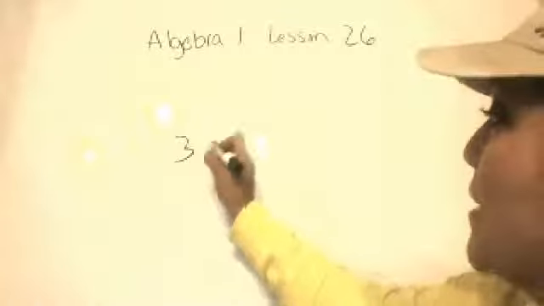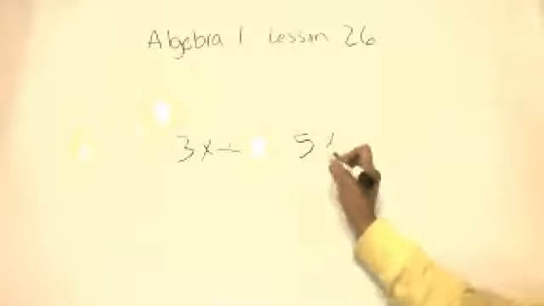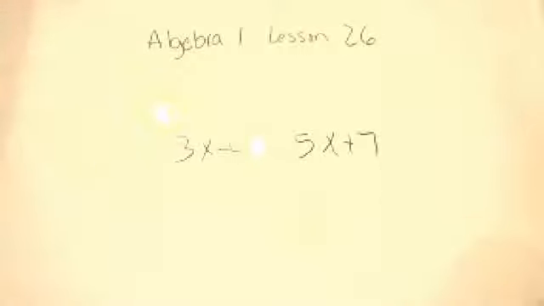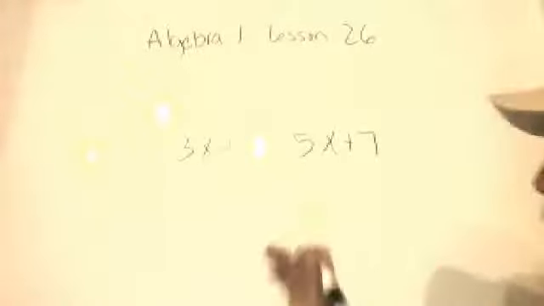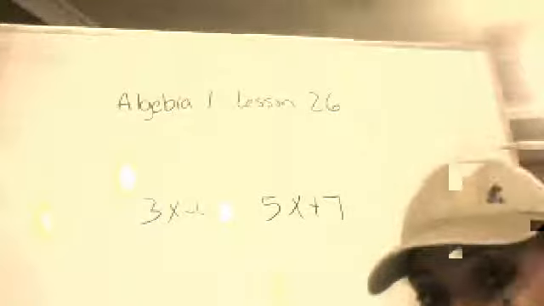Let's look at 3x minus 4 equals 5x plus 7. We've got some rules in algebra for solving equations, kind of like, please excuse my dear Aunt Sally.